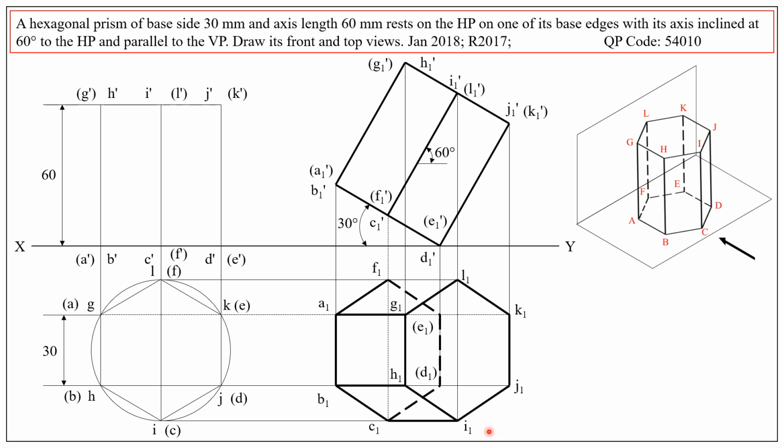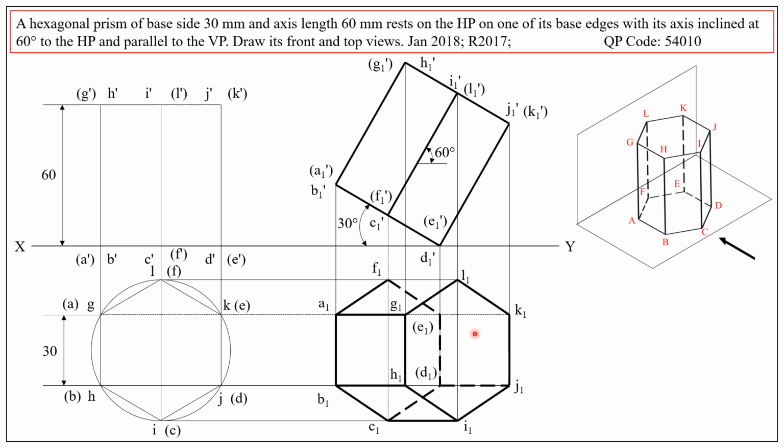So the next one is DJ. So D1 is here, J1 is here. Out of these 2 points, D1 is invisible, therefore dotted line. EK. So E1 is here, K1 is here.